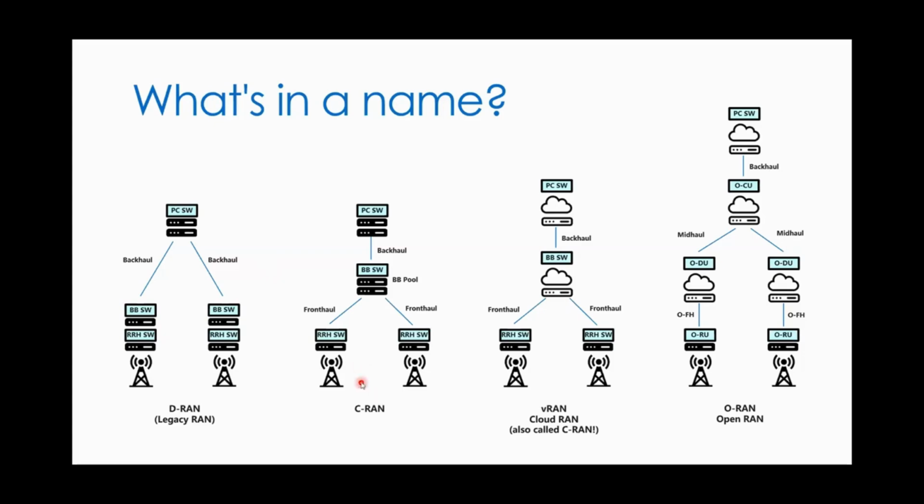Then CRAN, or centralized RAN, takes that baseband software and consolidates it into a baseband pool, sometimes called a baseband hotel, in a more centralized location. It's connected over fronthauls to the actual radios and the radio software.